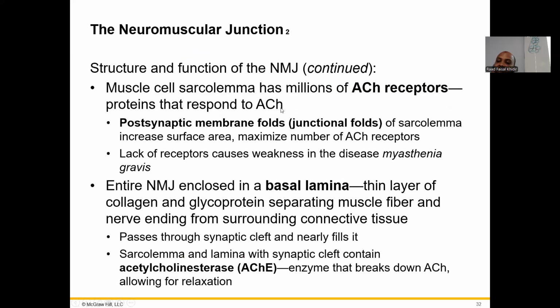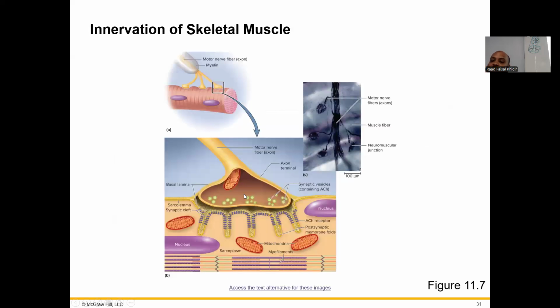So now let's look at the postsynaptic junction. You have invaginations. What's the purpose of these invaginations? Foldings. That reminds you of the intestine. Remember, the intestine has many microvilli that are folded. That is to cause what? That is to increase the surface area.